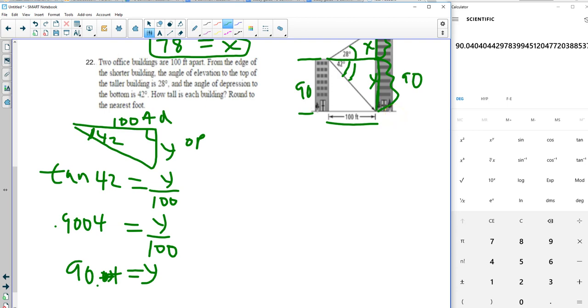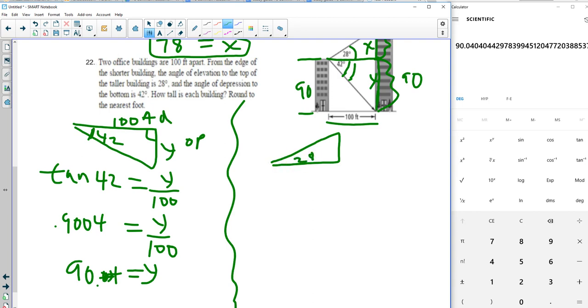So now we have to do the same thing for the other side. It's 100. Just move the decimal point over twice. The next one is to find the height above the smaller building. So that triangle is looking up. That angle is 28.